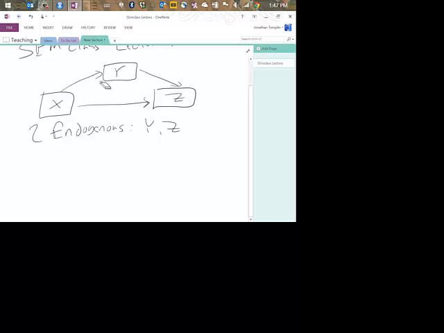How many exogenous variables do we have then? 1 exogenous, and that is variable x.